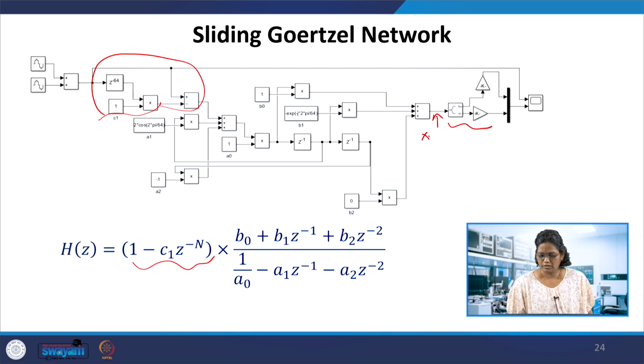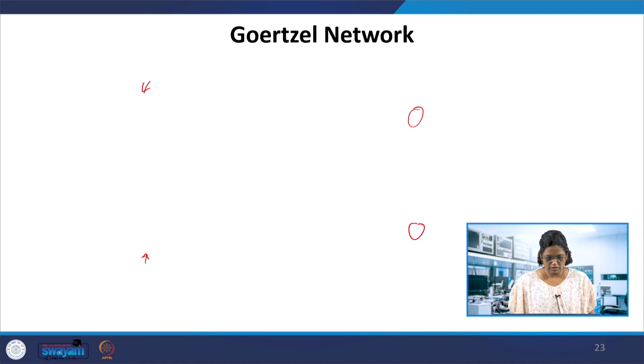So what we get is x plus jy, the real and imaginary parts, and 2 by n, that is 2 by 64, is multiplied here. The same thing has also been done in the Goertzel.